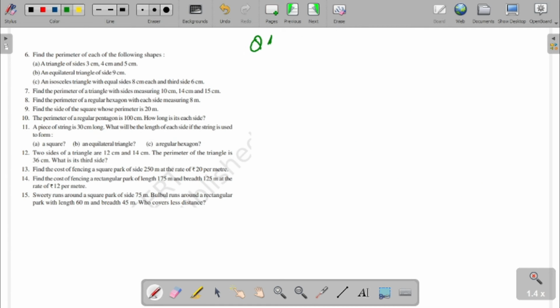Question number 11, C part. The same string is used to form a regular hexagon.